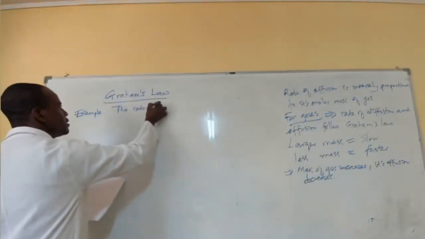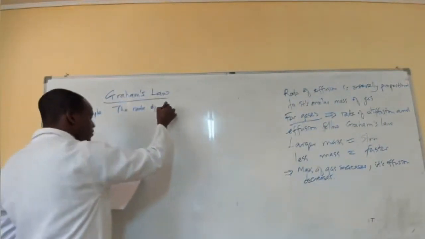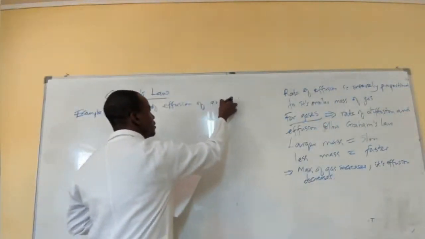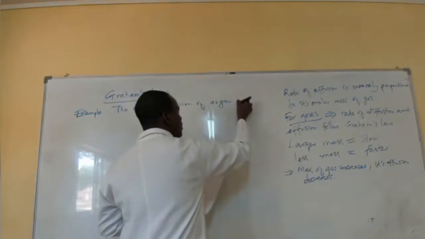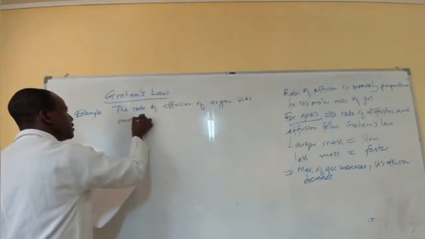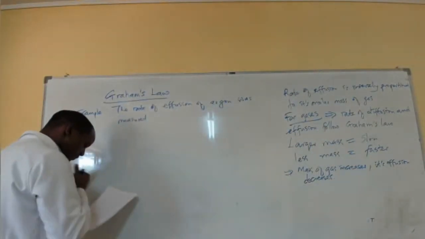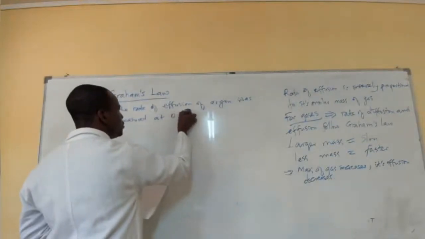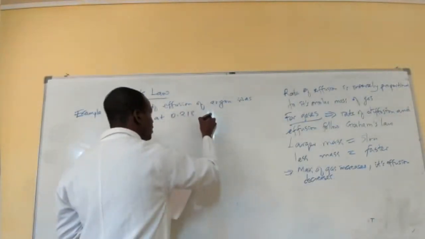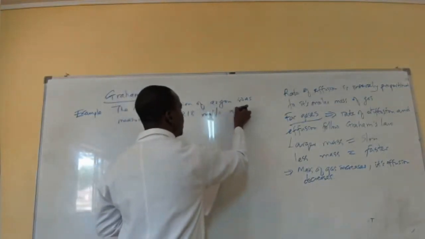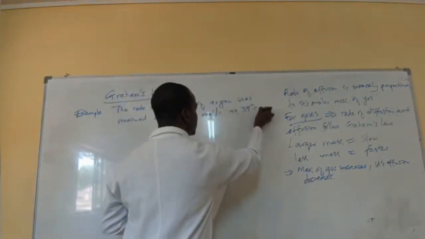So the rate of effusion of argon was measured at 0.218 moles per second at 37 degrees Celsius.